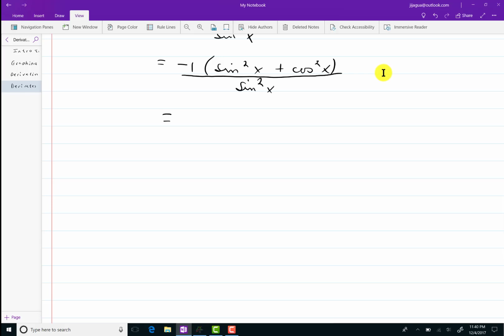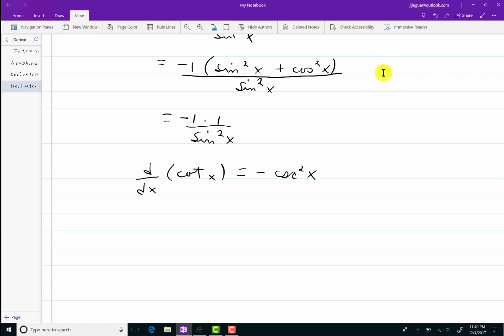So I have negative 1 times 1 in the numerator. All of that is over sine squared of x. And so my derivative rule, d over dx of cotangent of x, equals negative cosecant squared of x. Remember, 1 over sine is the same as cosecant.